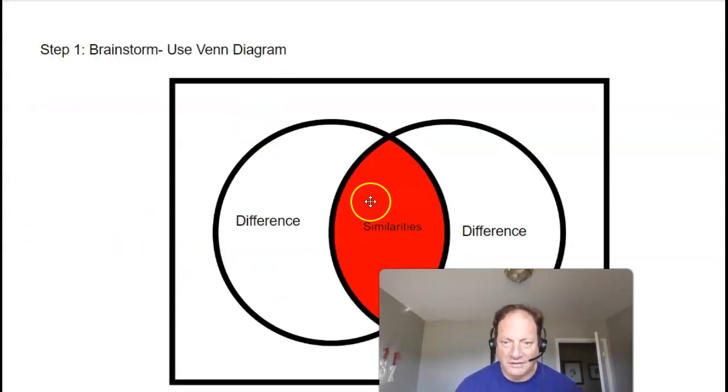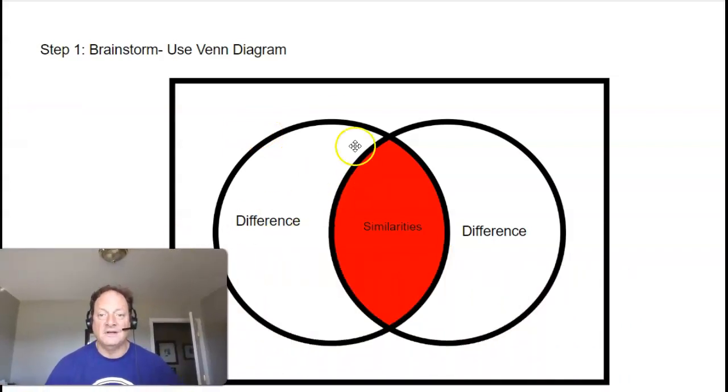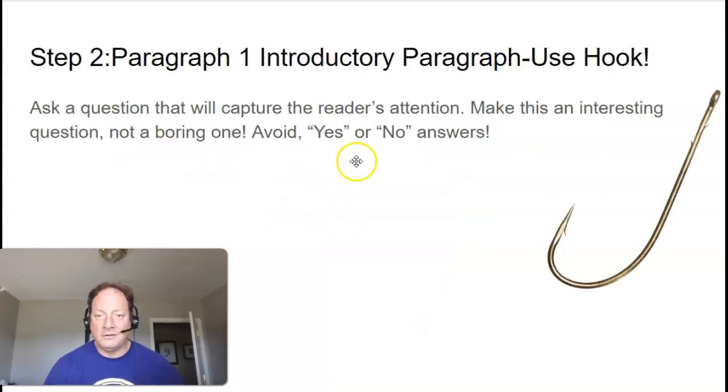We talked about the importance of using a Venn diagram to help us plan what we want to write about. We learned about the introductory paragraph, how important it is to have a hook to capture the reader's attention. We don't want a boring question, and we don't want a question that they can answer yes or no to. You really want them to think.